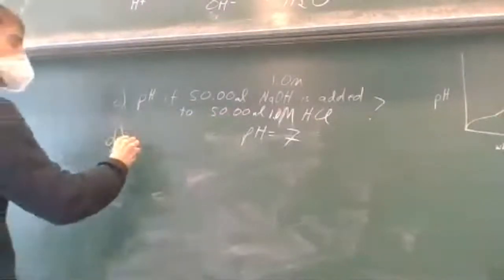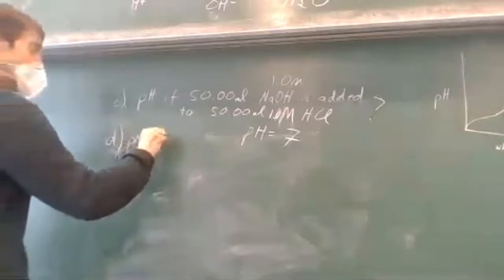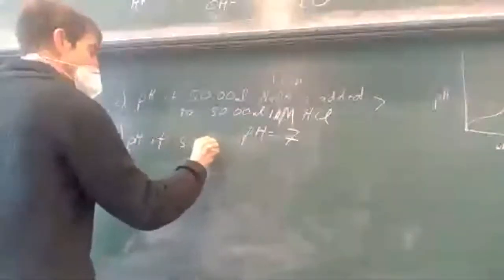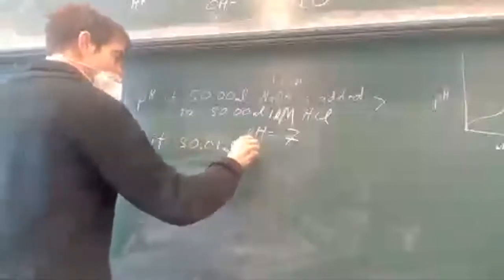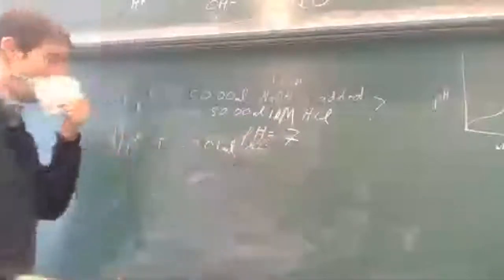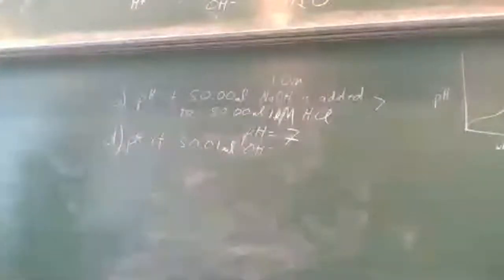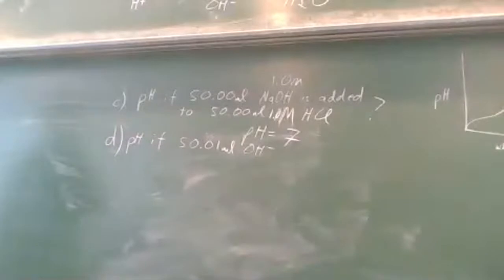Okay, last thing. Let's find the pH if we add 50.01 milliliters of OH minus to the 50 milliliters of acid. This time we're going to have how much left over of what chemical? What will be left over this time?